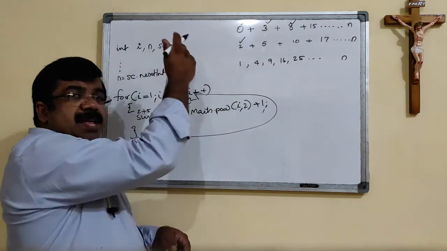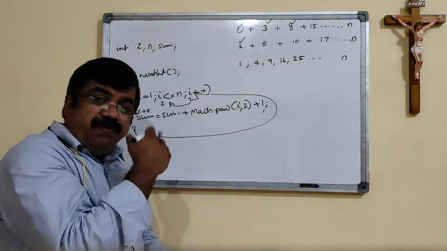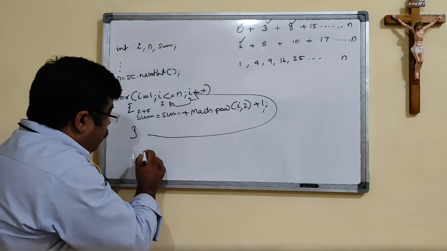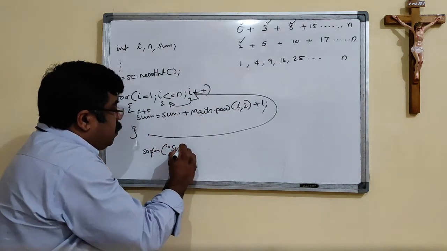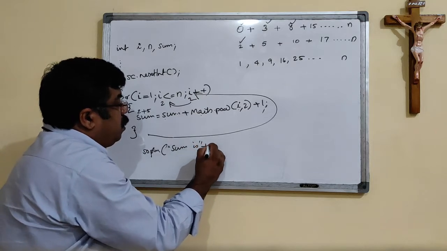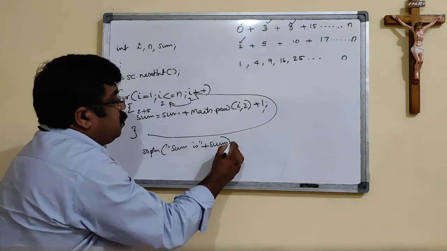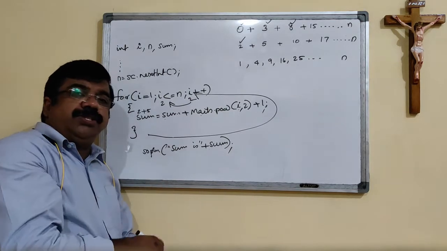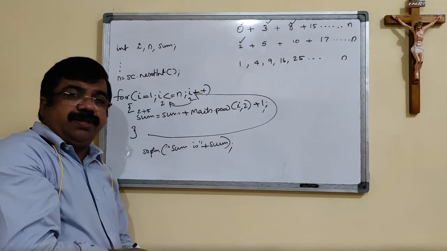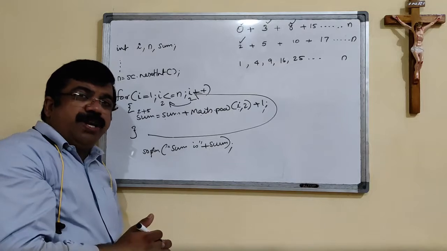This will go on, and when the loop is over, we will print the sum. SOPLN sum is plus this. Main closed, and the class is getting closed. I hope you understood.